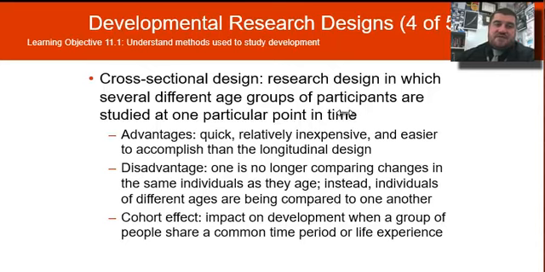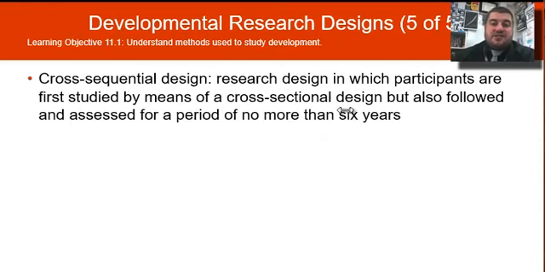So a group of people who are 50 versus a group of people who are 20 have grown up in different time periods and had different life experiences, and change could be due to those as well. And then the cross-sequential design is kind of a mixture of both, and it takes away the disadvantages of both, but it's less scientifically valid than the longitudinal design.